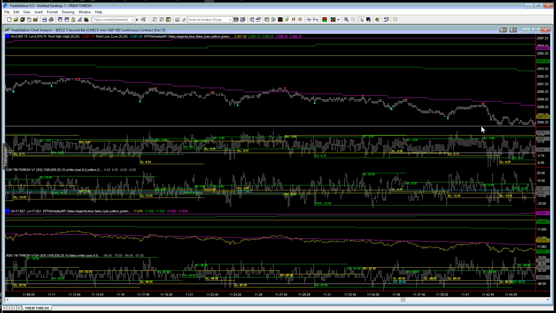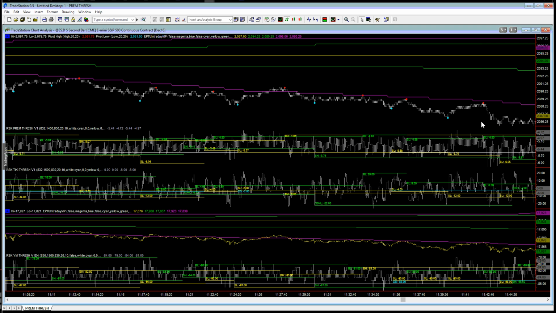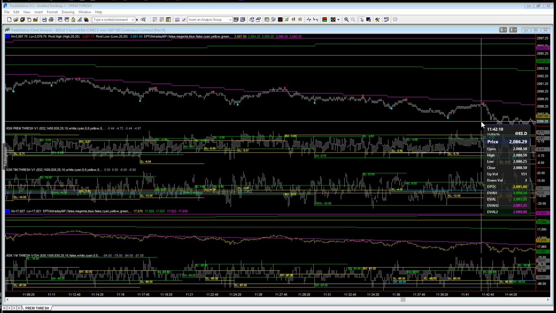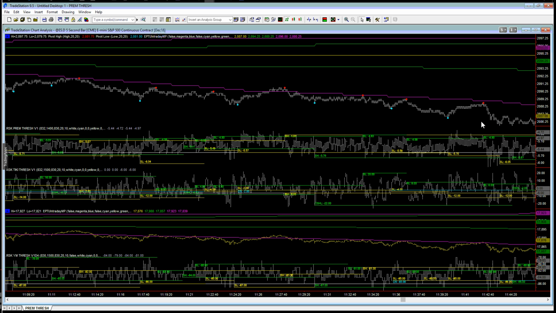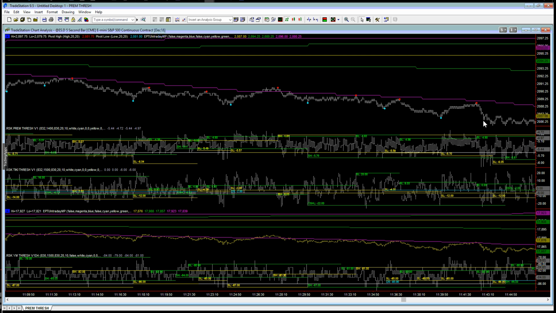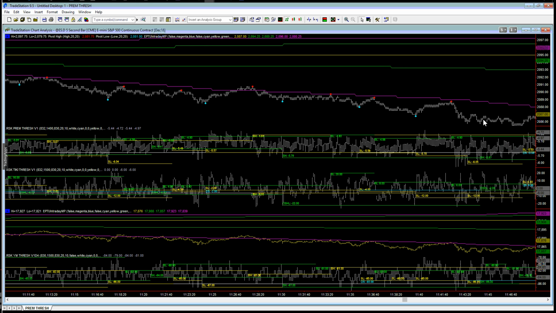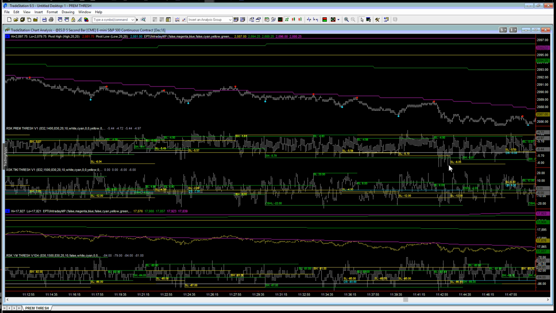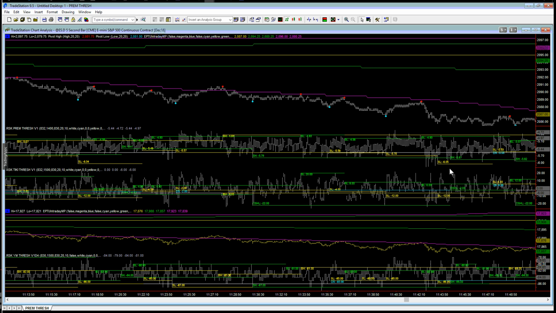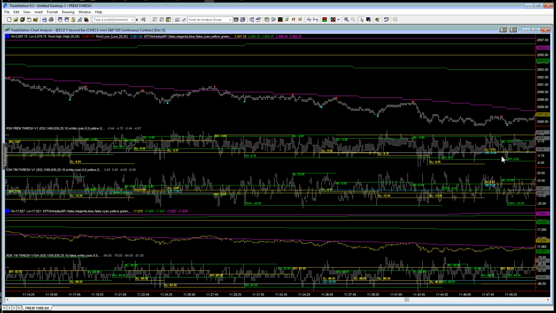But come down, it does. And it's a pretty nice drop that takes place in here. And you can see that on this next bar. And then once again, you get into this divergent situation.